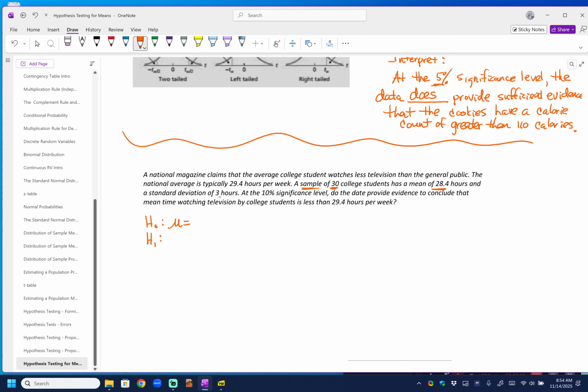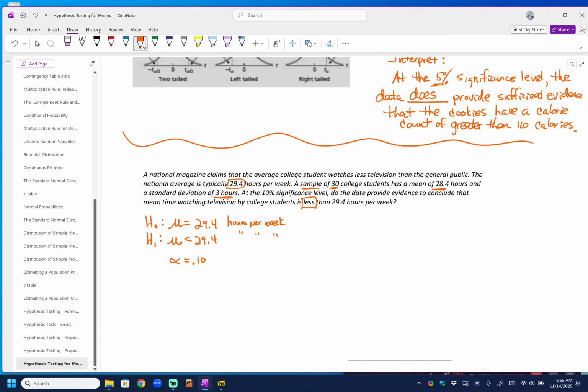Therefore, the population claim must be this mean, 29.4 hours per week. Okay, the alternative is going to be a statement of less than, greater than, or not equal to. We're looking for a keyword. I spy less, so we have less than 29.4 hours per week. Alpha was provided as 0.10, 10% significance.